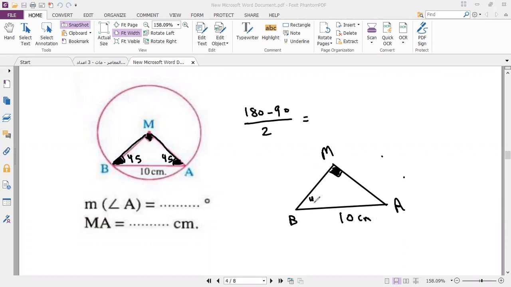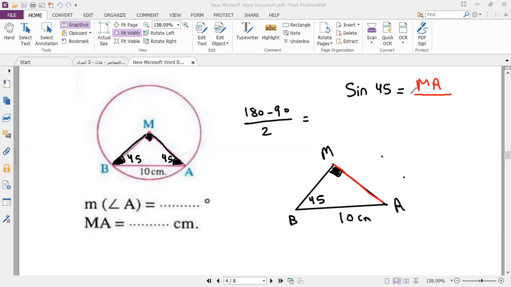And this angle is 45. We can use sine or cosine. If you want to find sine 45, sine 45 equals opposite over adjacent. The opposite is MA.